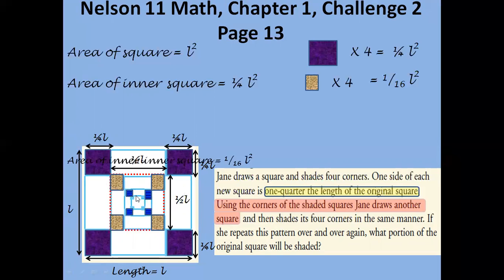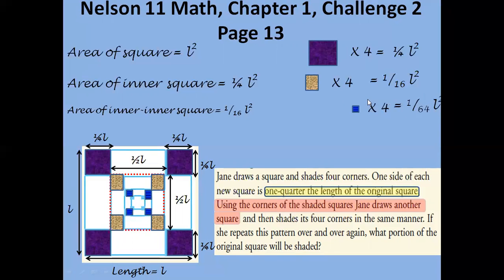You see this pattern here: area of square is L square, shaded area of the next is 1/4 of L square, then 1/16 of L square. And using the same pattern here, this is 1/4 L square, 1/16 L square. So the next thing will be 1/64 of L square. So we see a pattern here.